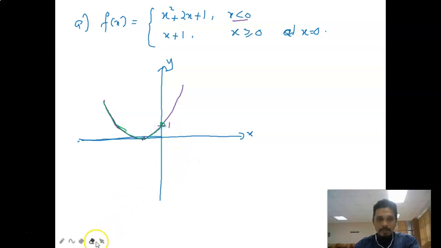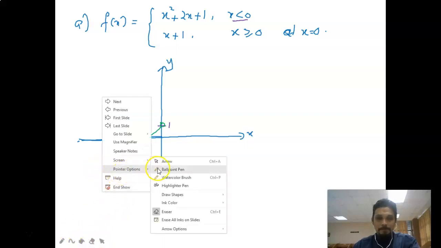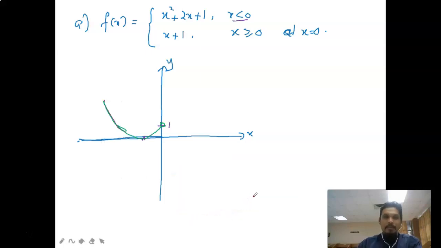Okay, so what we are going to do next is erase the rest of the graph, and then draw the graph of x plus 1. Okay, let's do this one here.